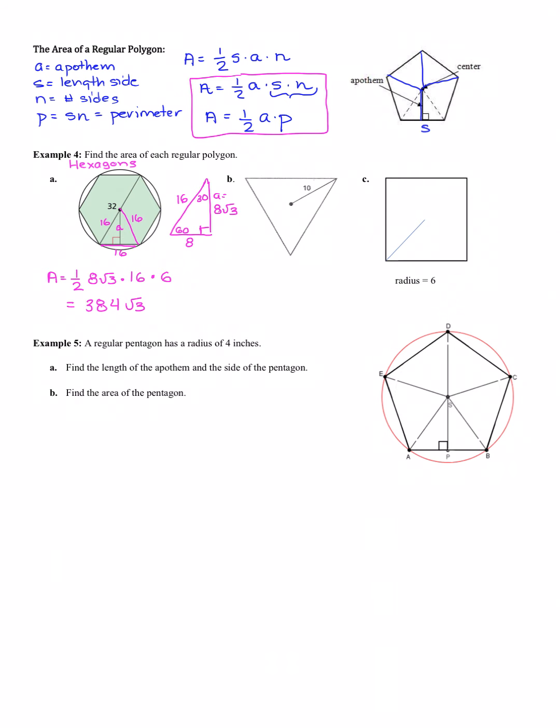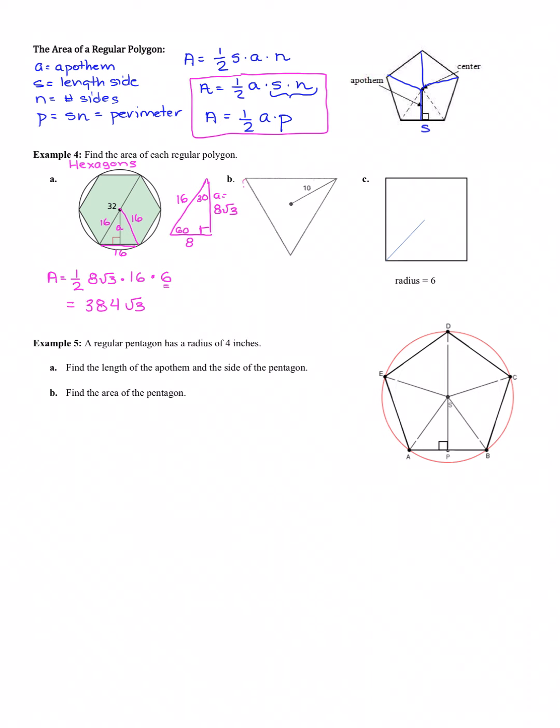And that would be the area. So anytime you're doing a hexagon, it's basically going to be 6 equilateral triangles. So if you notice, there's the 6, and then to find the triangle, it's 1/2 base times the height.